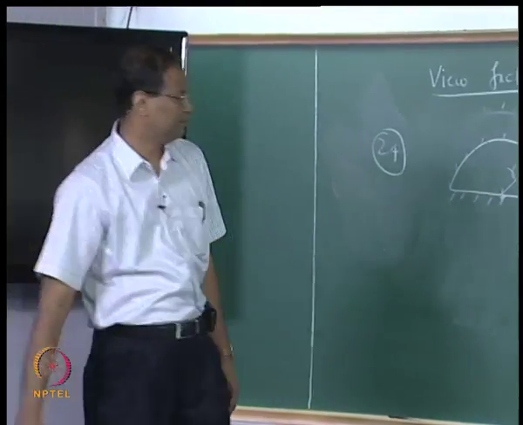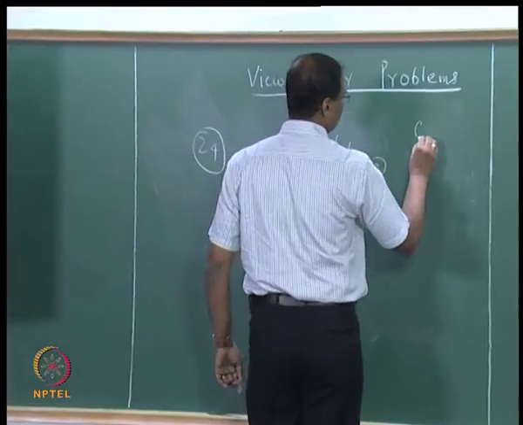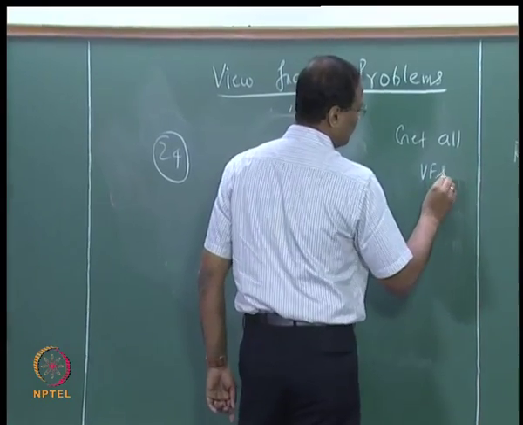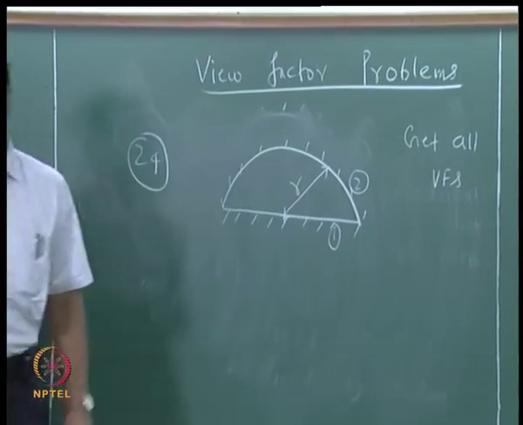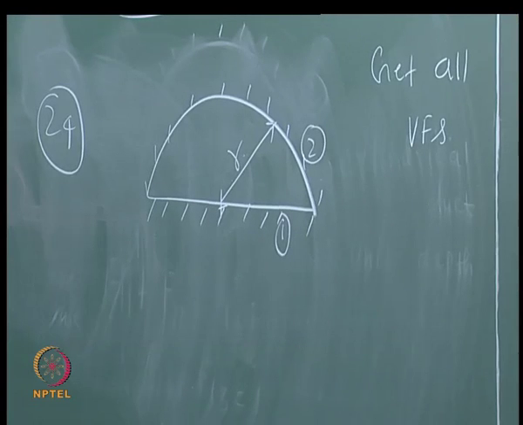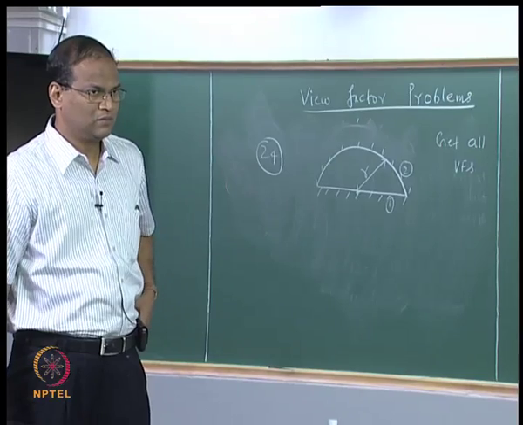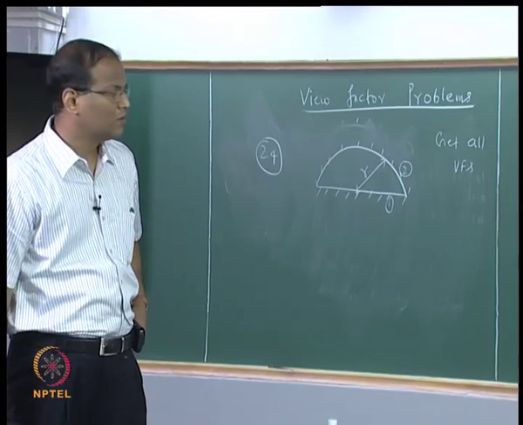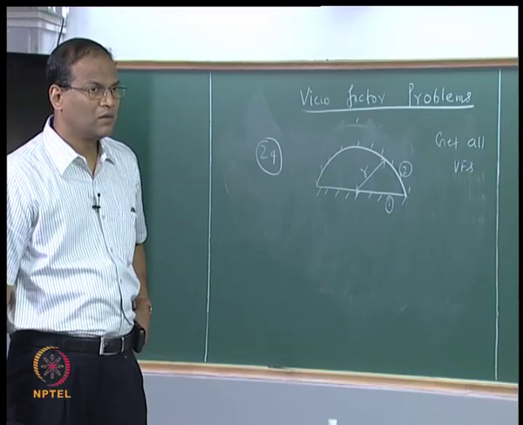Get all the view factors. If I get 1, I can use the sum rule and break it down. Symmetry.